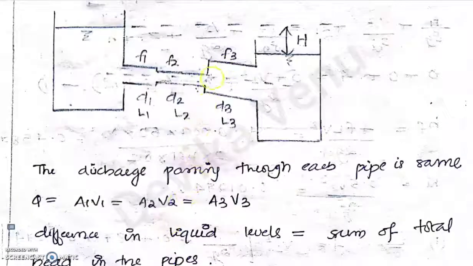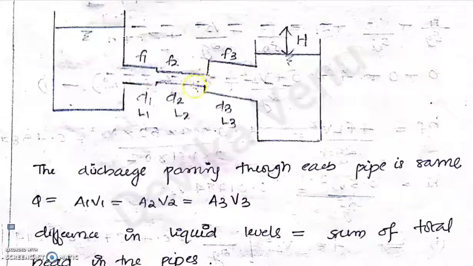The next one is, it is again entering a third pipeline. Note that when you go from one pipeline to the next, you have to see whether it is contracting or expanding, and the corresponding equation should be chosen.